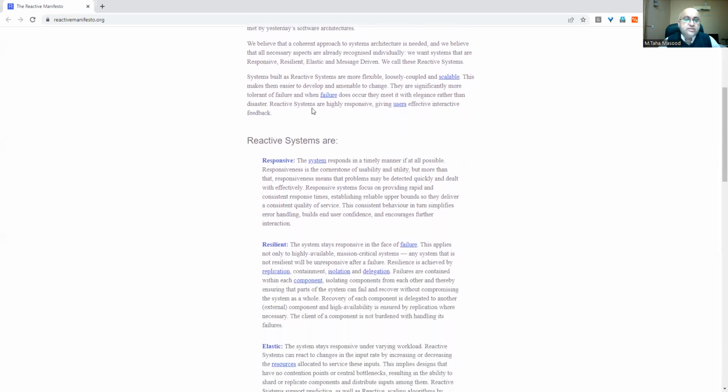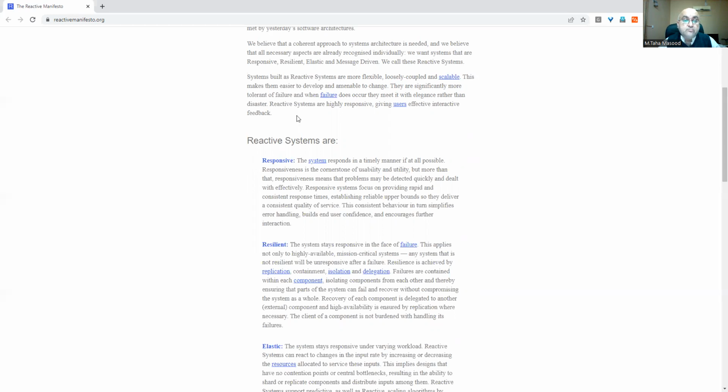All right, so systems built as reactive systems are more flexible, they're loosely coupled, and hence they are scalable. This makes them easier to develop and amenable to change. Change, we all know that it always happens whether we like it or not. So better to design for it, to architect for change, for extendability, rather than have it come as a shock to us.